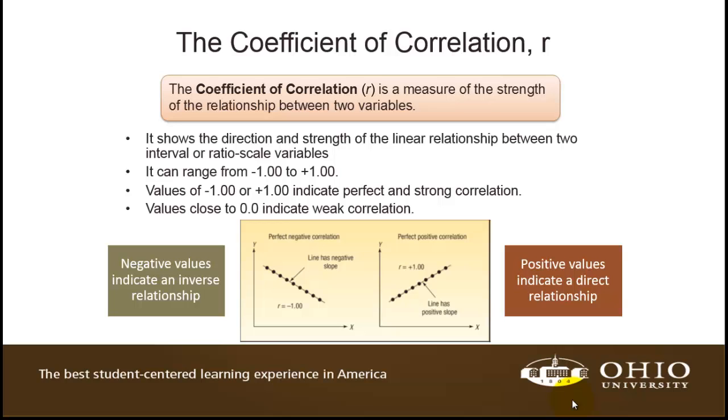And a +1 indicates a perfect positive or direct relationship, where as one variable gets bigger, the other gets bigger. A value around 0 would indicate little or no correlation between the two variables, and values like 0.5, 0.6, or 0.7, or -0.5, -0.6, -0.7 are pretty good indicators of a reasonable relationship between the variables.